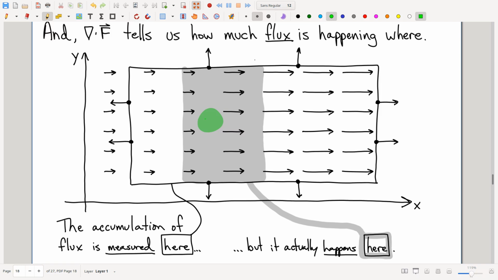So it's two different types of motion. Two completely different things. Circulation and flux, they're not the same. They're not complementary. They're just different. So to answer your original question, I think in this left white region here, divergence would be 0. In this middle region, divergence would be positive.